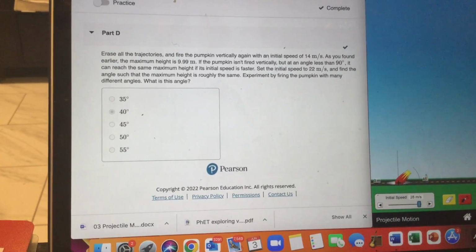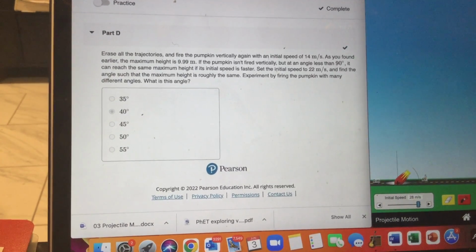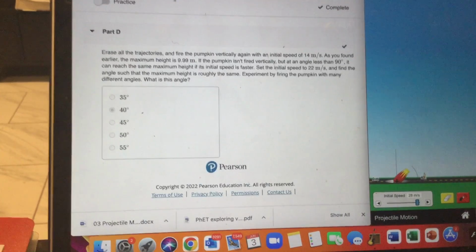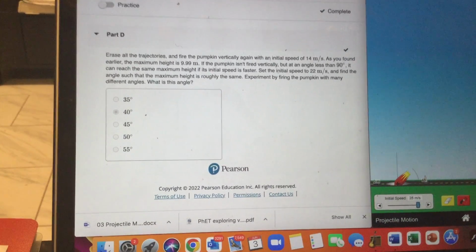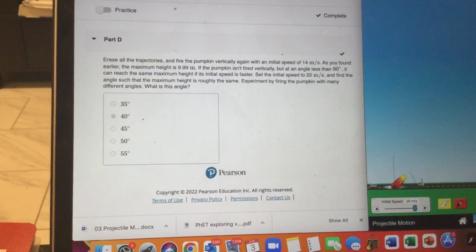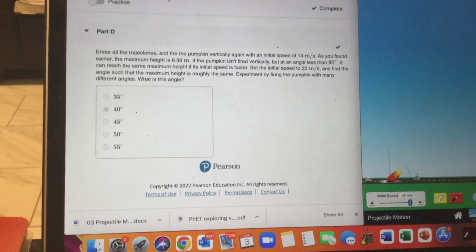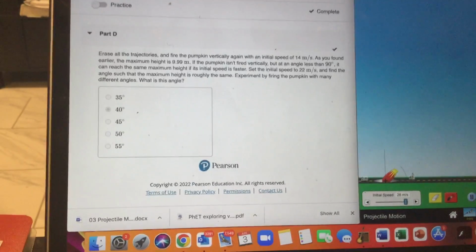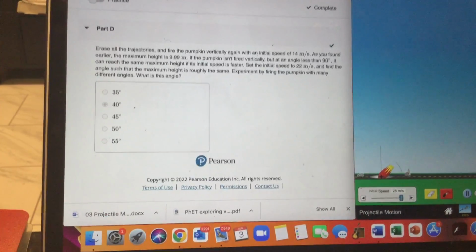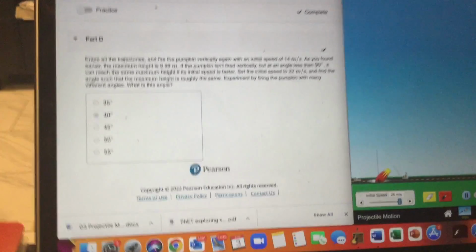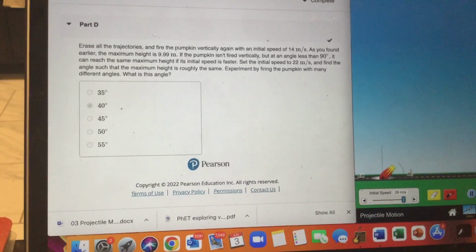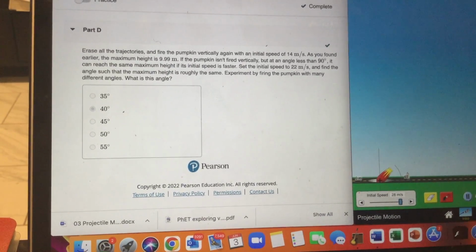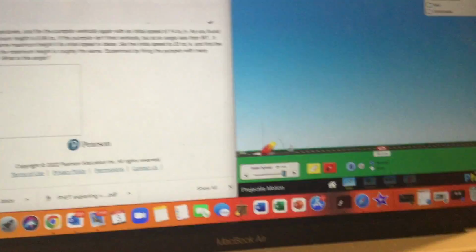If the pumpkin isn't fired vertically, but at an angle less than 90, it can reach the same maximum height if its initial speed is faster. Set the initial speed to 22 meters per second and find the angle such that the maximum height is roughly the same. Experiment by firing the pumpkin with many different angles. Okay, so we'll go back to the simulation.